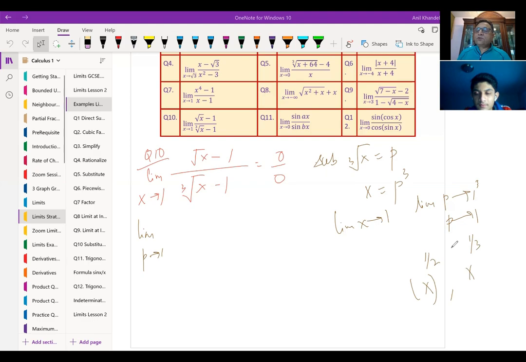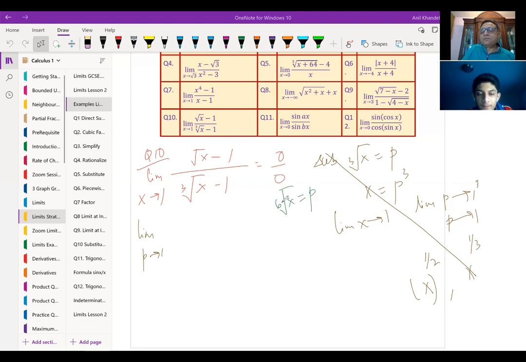So 1 over 6 could be a good option as an exponent. So instead of substituting cube root of x as p, sixth root of x as p would have been a better option. So we will not do this, and instead we'll substitute sixth root of x as p.